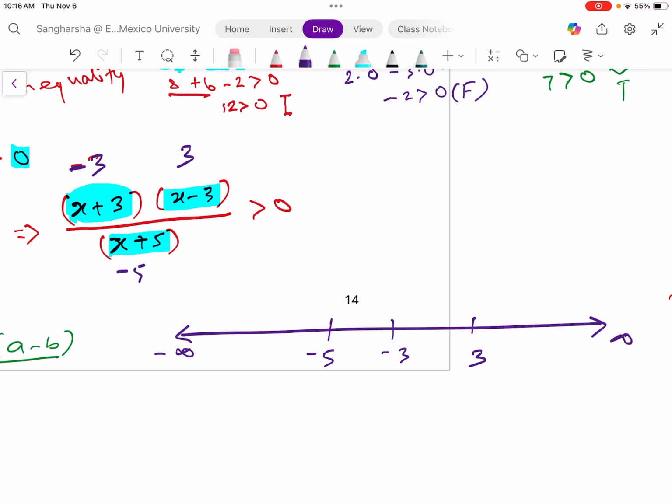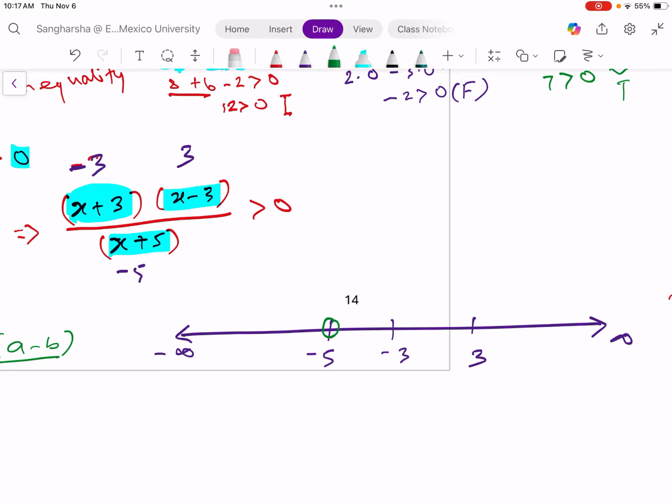Is that even a real number? It's undefined. It means negative 5 is not a solution. So we use an open circle to exclude negative 5. If you have a rational inequality, the zeros of the denominator are not solutions. Negative 5 is the zero of the denominator, so this is not a solution, so open circle.